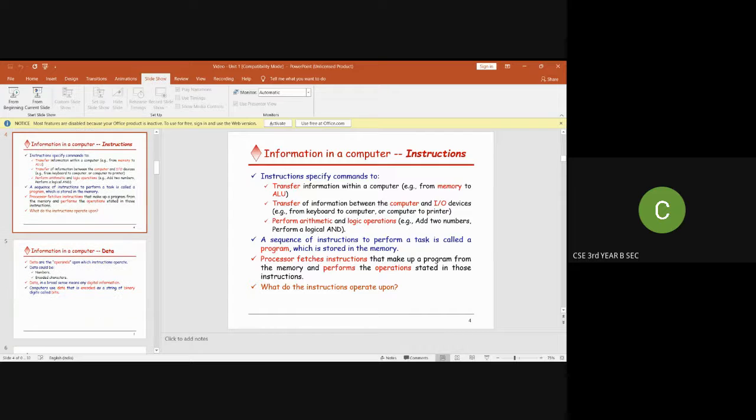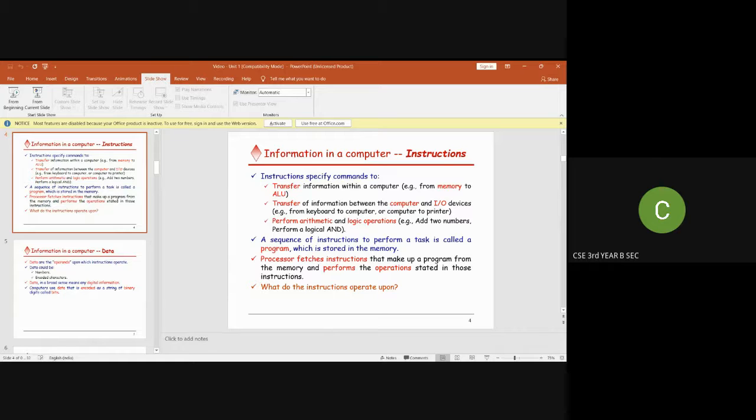Next, what is an instruction? Instructions are commands which are given to the computer. So it transfers the information within a computer, from memory to the ALU, for example. All the instructions are stored in a memory, as I told already.